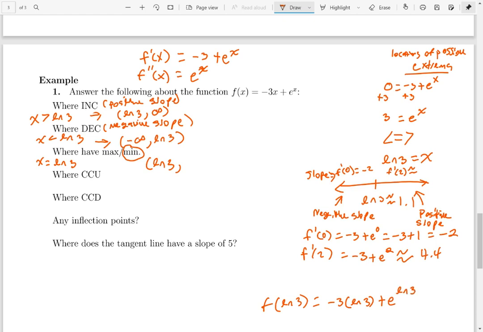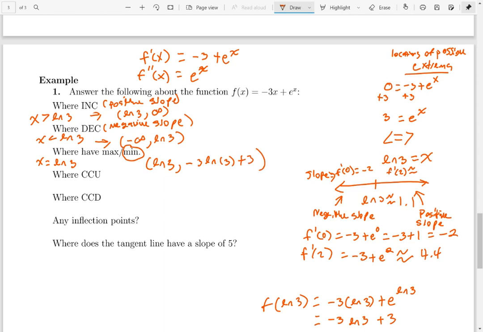But remember that the natural log of 3 as a power on e gives us 3. And so this is then negative 3 natural log of 3 plus 3. I'm just going to write that as my minimum. So now we know that our minimum is specifically negative 3 natural log of 3 plus 3. You could use a power rule on natural log if you so desired.